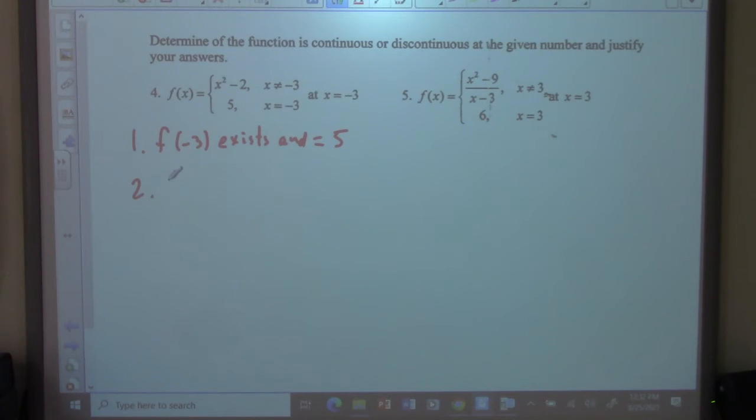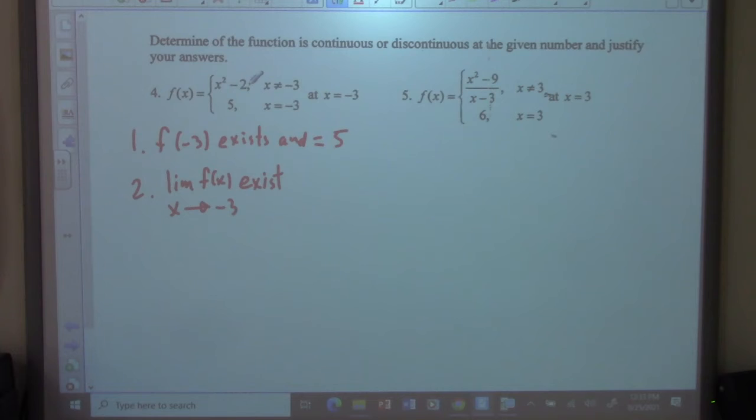2, does the limit as x approaches -3 of f of x exist or does not exist? Yes.